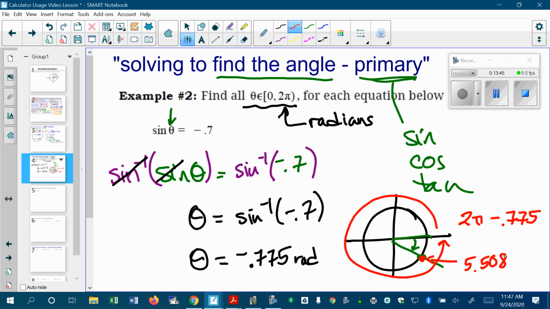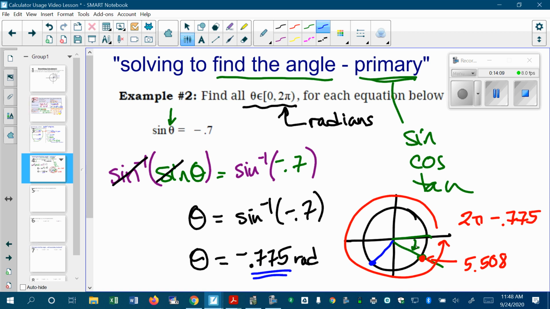5.508. However, it's even more tricky than that because there's another spot over here that has the same sine value. And you know this from our work with the famous angles. It works the same way as the non-famous angles, right? So just another place. And this reference angle is the amount that we found here.